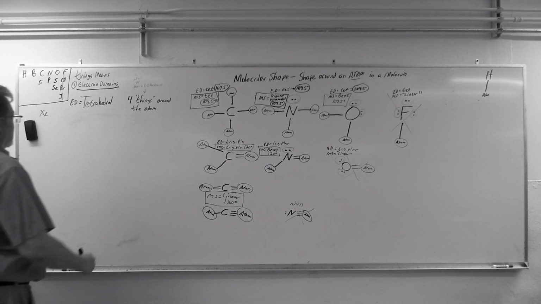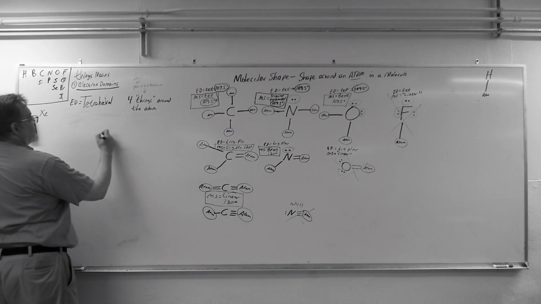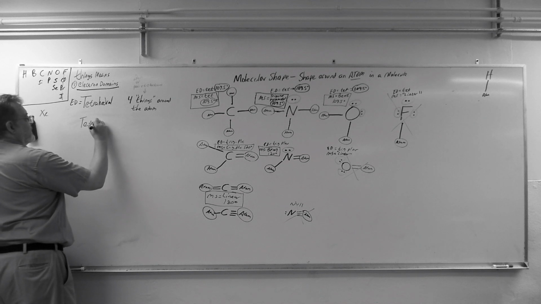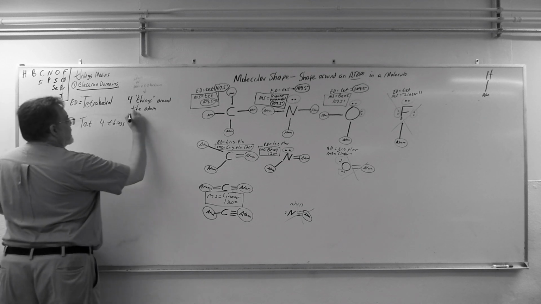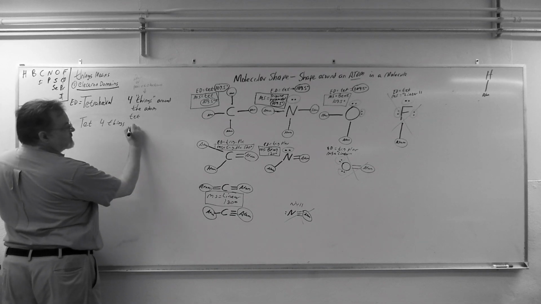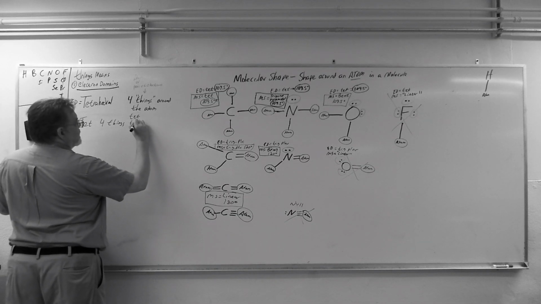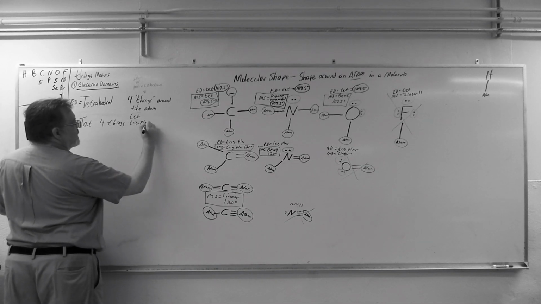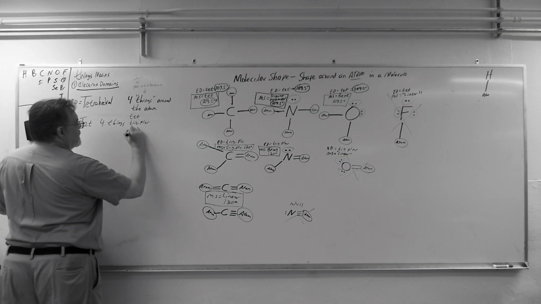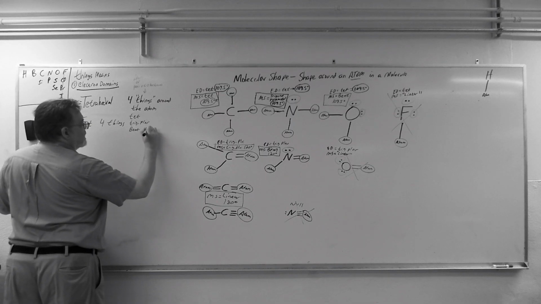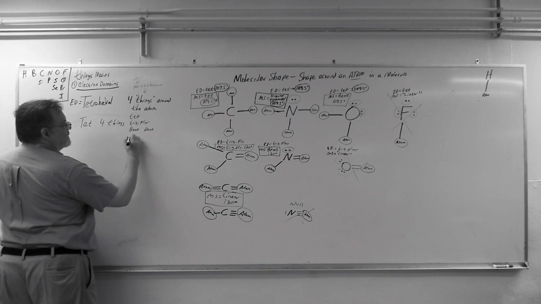So, tetrahedral, 4 things around it, and you can end up as tetrahedral, trigonal planar, and linear. Bent. There's bent, and there's bent at another angle.